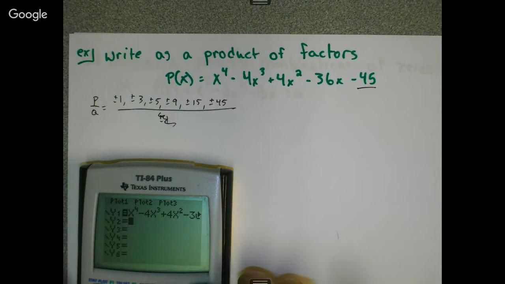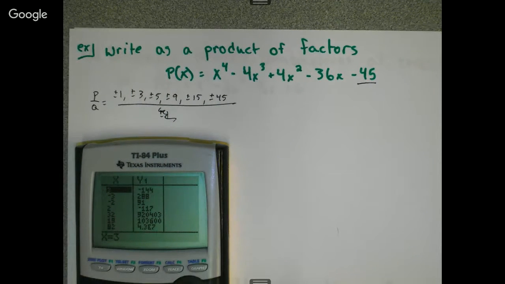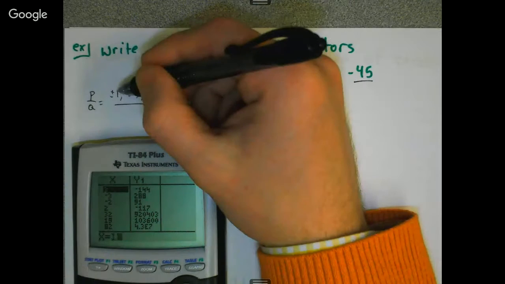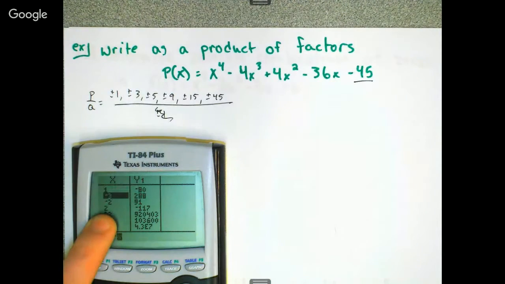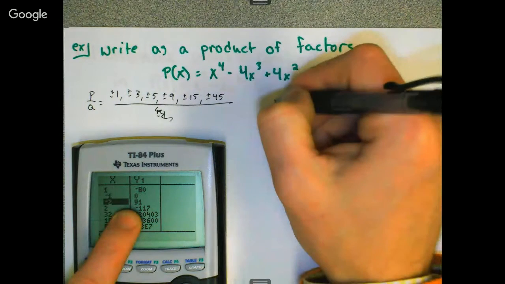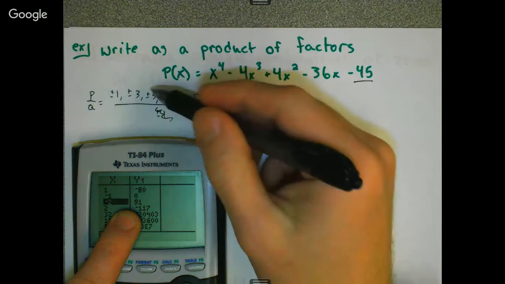If I go to the table, can't I just check them on here? So we'll plug in 1. Well, I got negative 80, so that's not a 0. Plug in minus 1. Oh, I got 0. So x equals minus 1. That's one of them. And we can just keep going through.